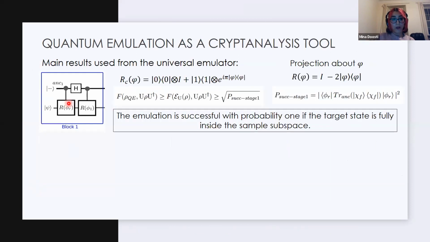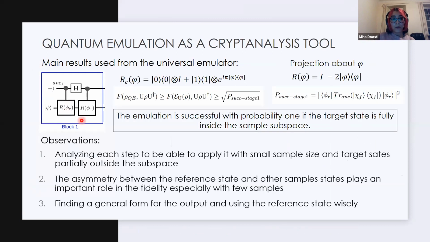And this state, which we call the reference state, turns out to be very important because the asymmetry that this algorithm has over the reference state helps us use it wisely. It lets the adversary find a state which has a better property: when you do the emulation with a small sample size, you get a better fidelity.